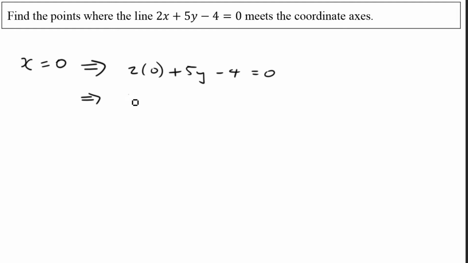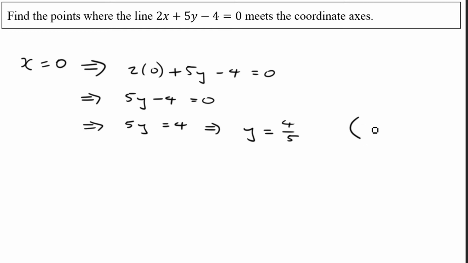In other words, 5y minus 4 is 0, so 5y is 4. Finally, y is 4 over 5. And so one of the points where that line cuts a coordinate axis is (0, 4/5).